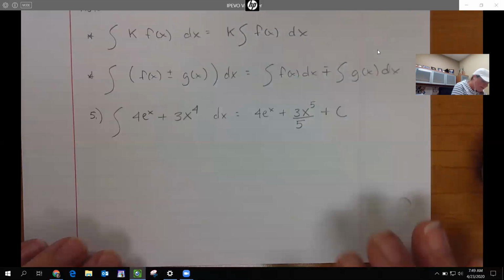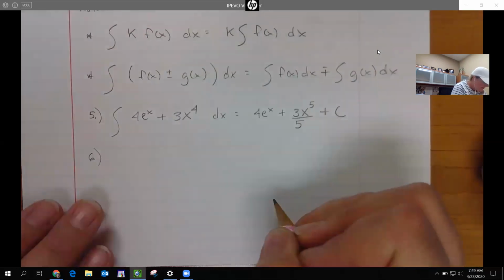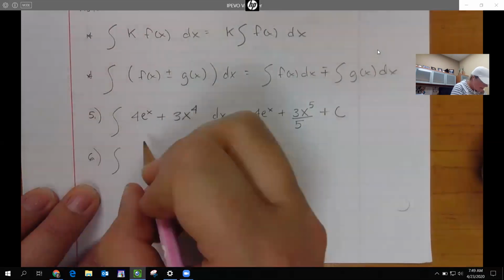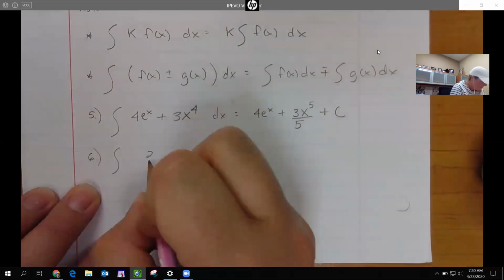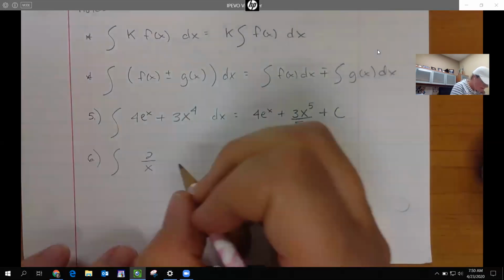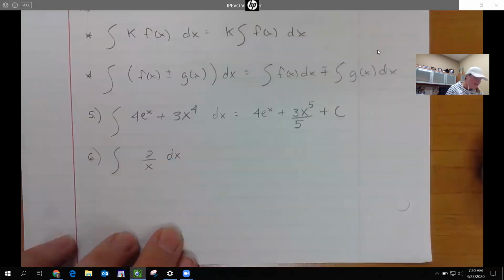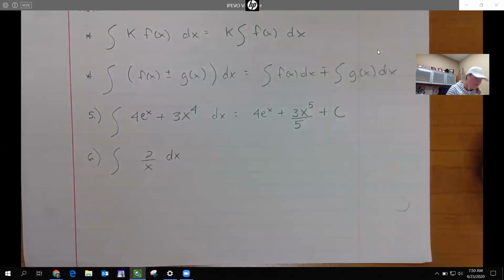Let's do one with this natural log. We haven't done any of those yet. So what if we have 2 over x dx, something like that, okay? Then we know we could pull the 2 out front, or we're going to keep the 2.